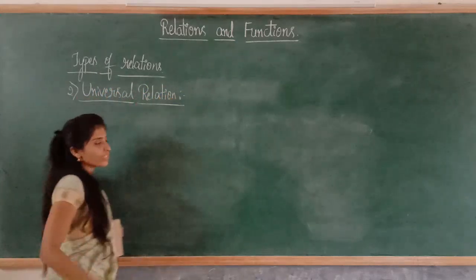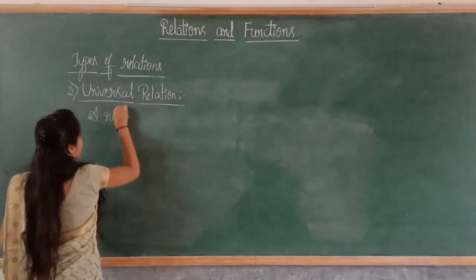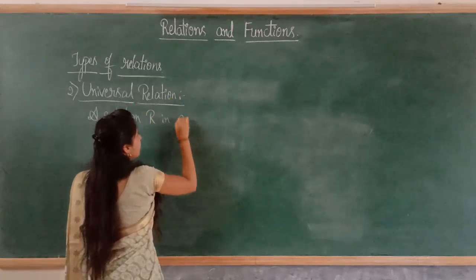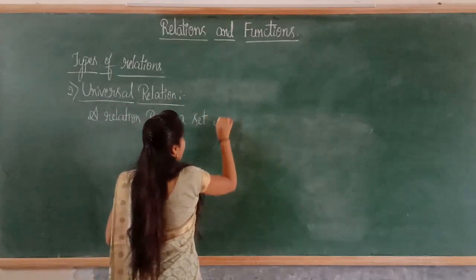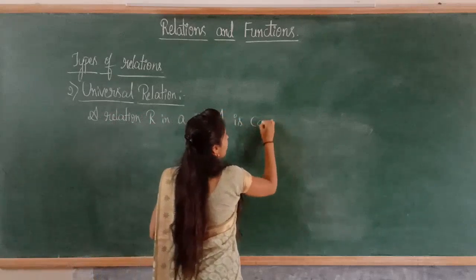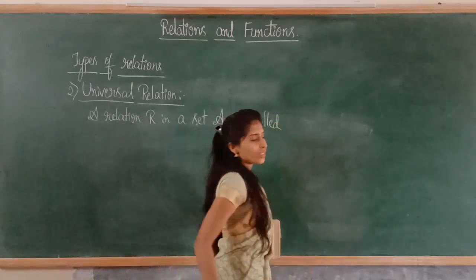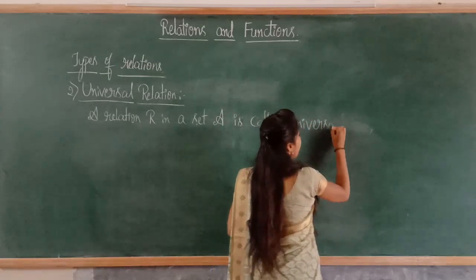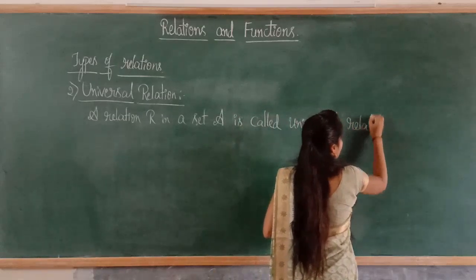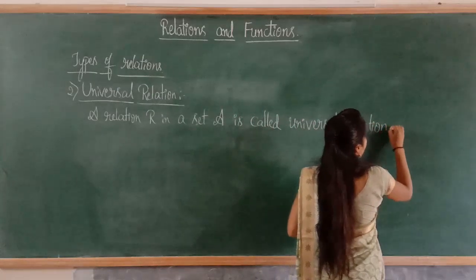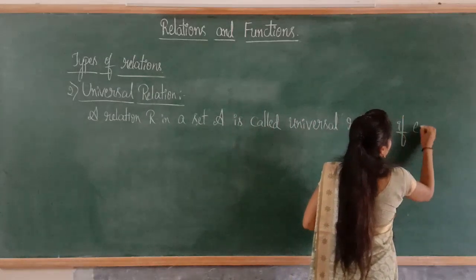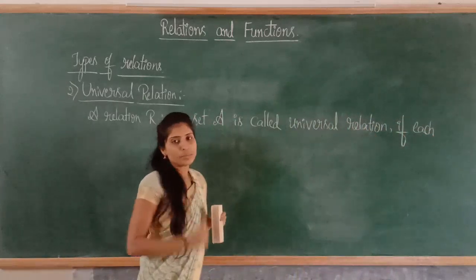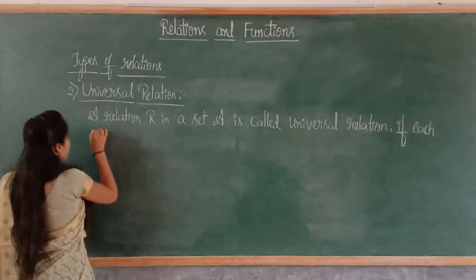For universal relation, a relation R in a set A is called universal relation if each element of A is related to every element of A here.